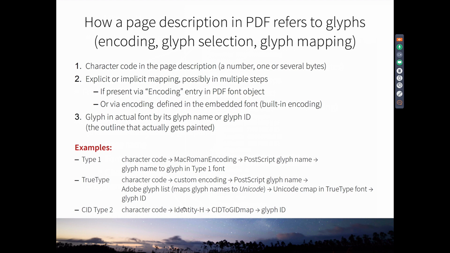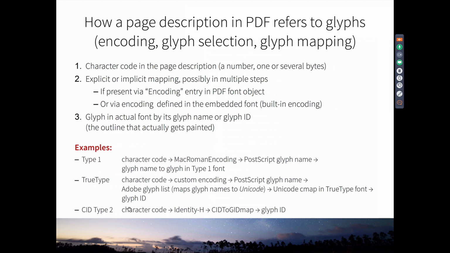Identity-H, H is horizontal, actually, is defined for encoding, which means you can translate the code one-to-one, and then you can actually go with the character code into what is called the CIDToGIDMap. The CIDToGIDMap may again say Identity, and in this very case it's actually so as you would want to have it all the time.